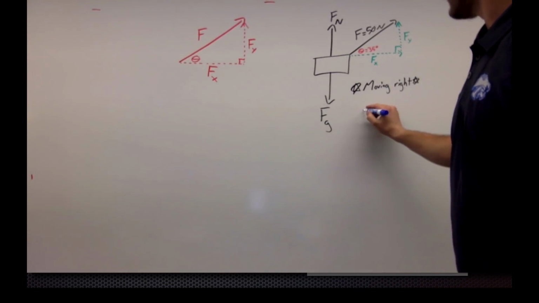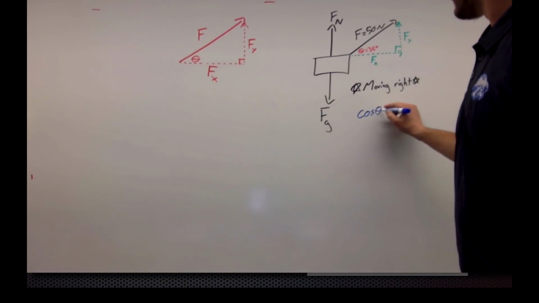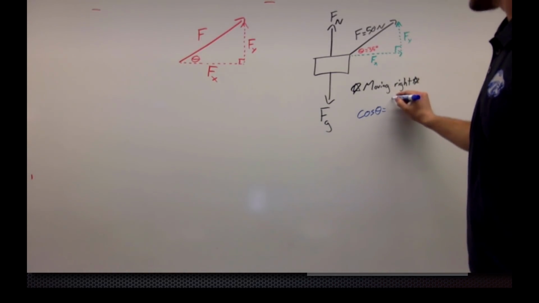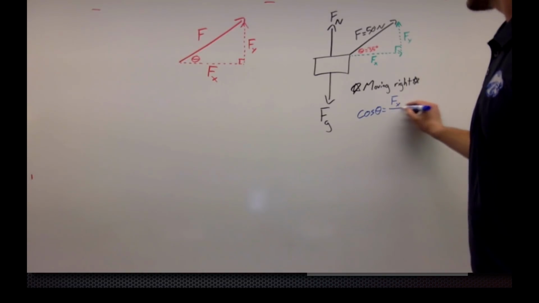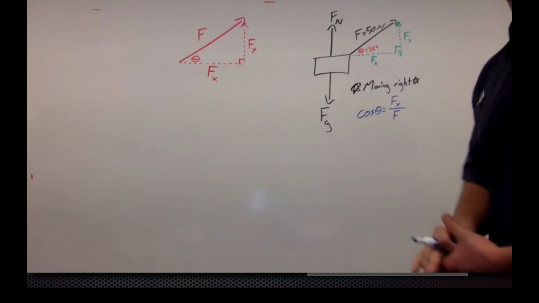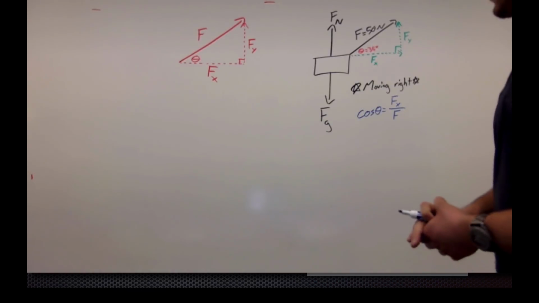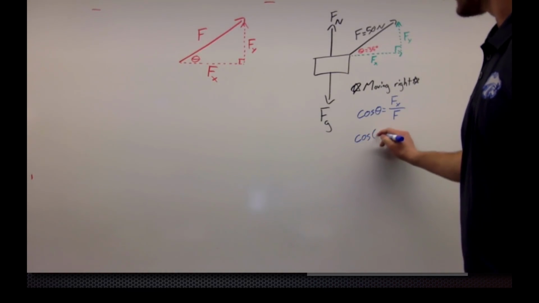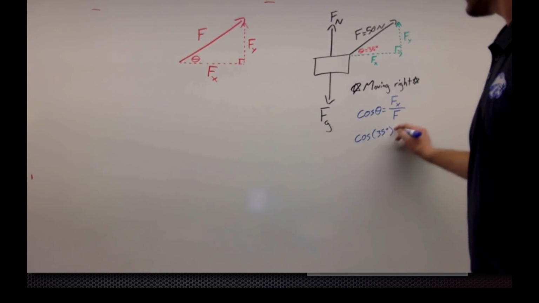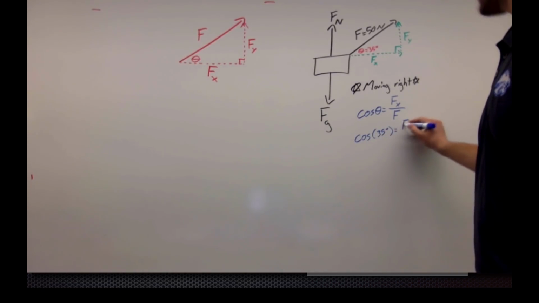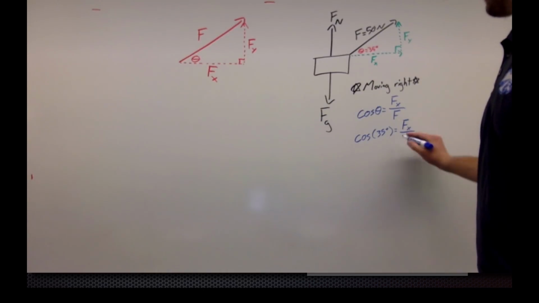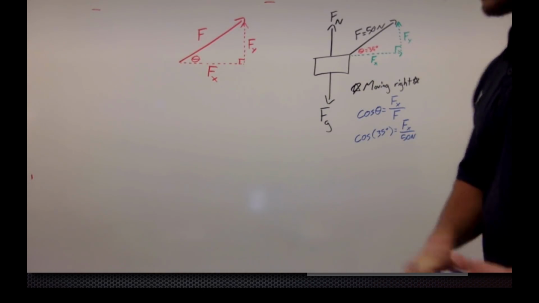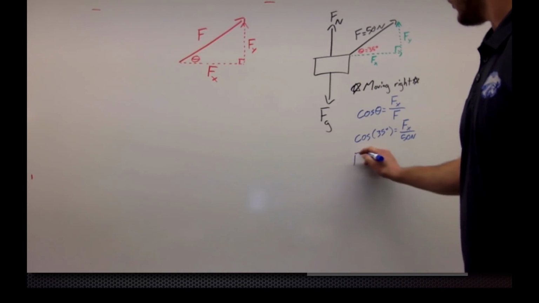So cosine of our angle theta, cosine is your adjacent. Our adjacent side here is F sub x. Our hypotenuse is the overall force F. So if we want to then sub in our variables, we'd be looking at the cosine of 35 degrees equals F sub x, the horizontal component, over our overall force, which is 50 newtons. So we go ahead and multiply this over here.